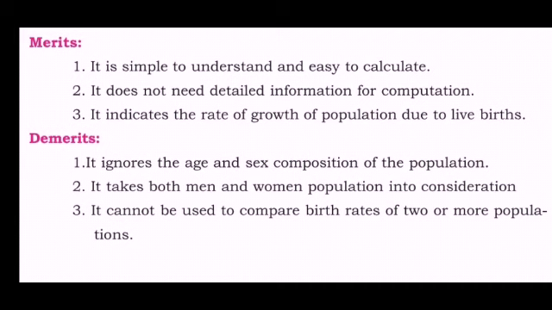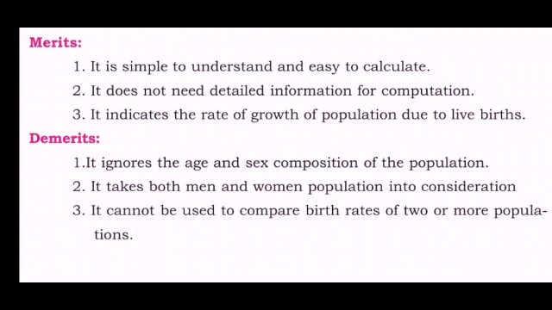How? Suppose the previous year CBR is 100. That indicates 1000 individuals will give birth to 100 people. And the current year CBR is 150. That indicates every 1000 individuals will give birth to 150 children.